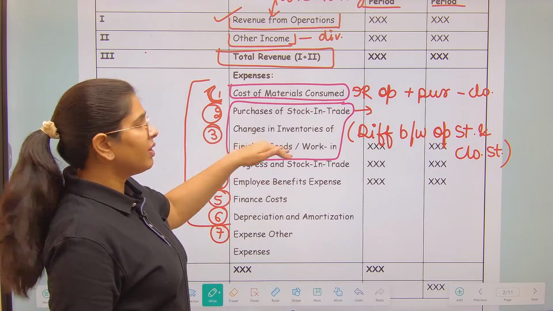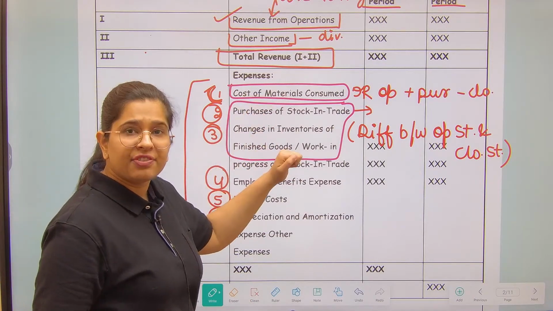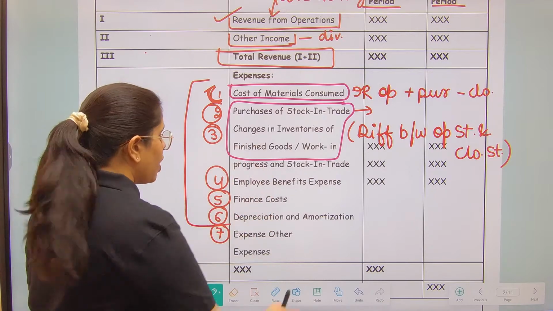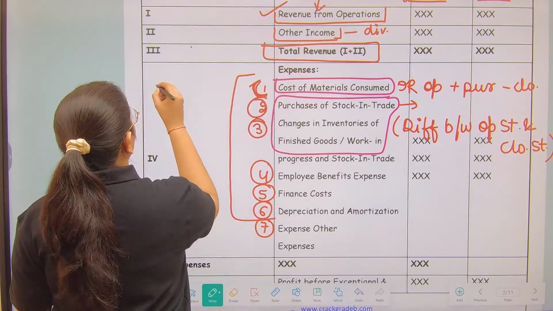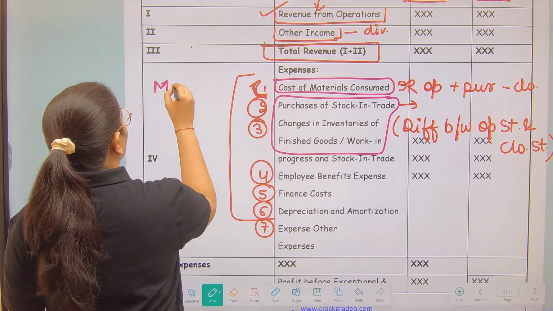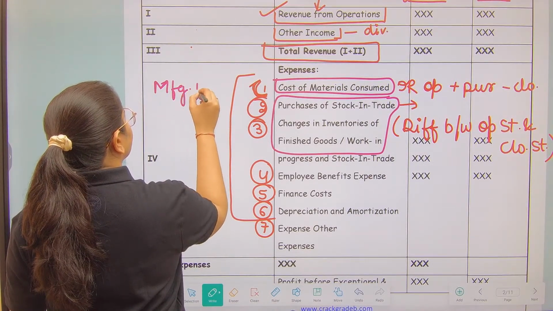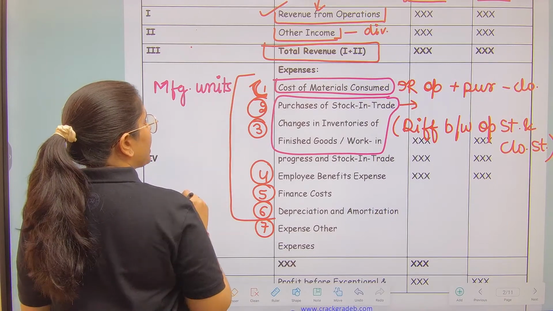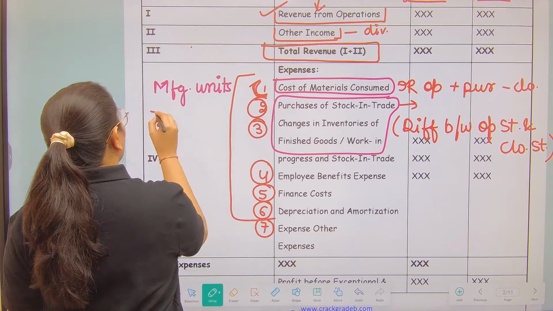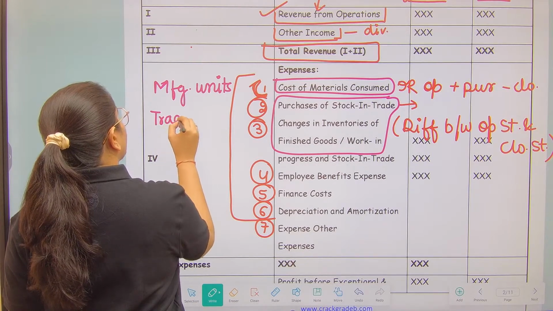Why is this being given over here like this? This differentiation has been made on account of, see, few entities are manufacturing units, where actual production is happening, and few units are trading units.